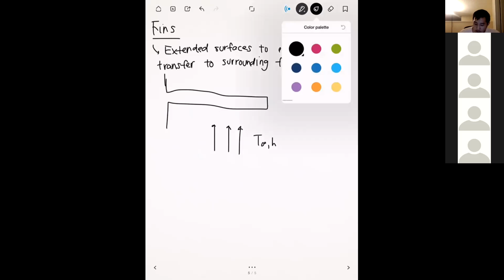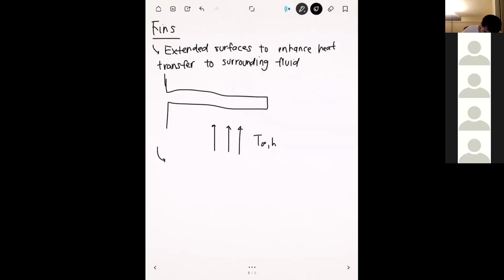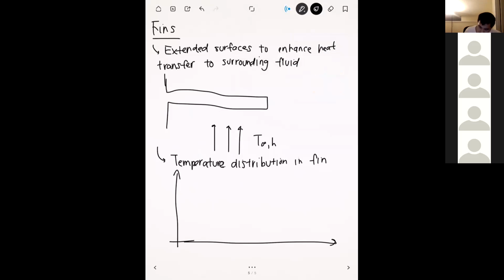Where we ended last time was we computed the temperature distribution in the fin. We ended up looking at a graph that looks like this. On the x-axis we have x, which is simply the distance down the fin.